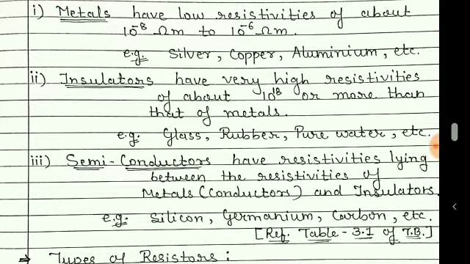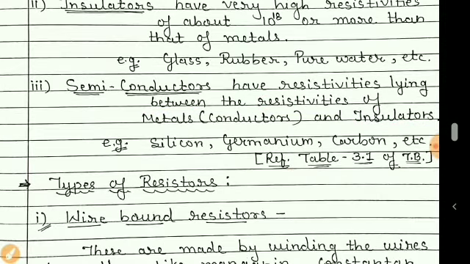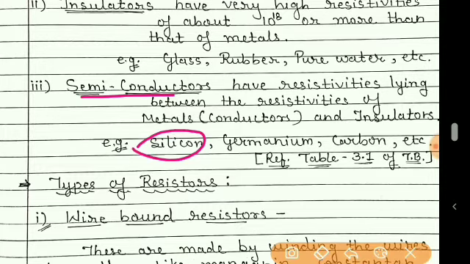Means semiconductors have resistivities lying between the resistivities of metals, that is conductors, and insulators. Examples of this type of semiconductors are silicon, germanium, carbon, etc.